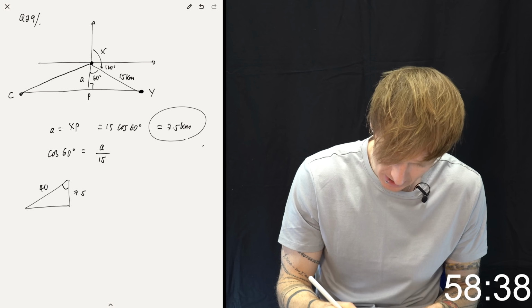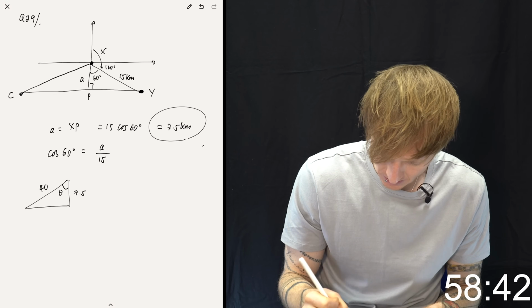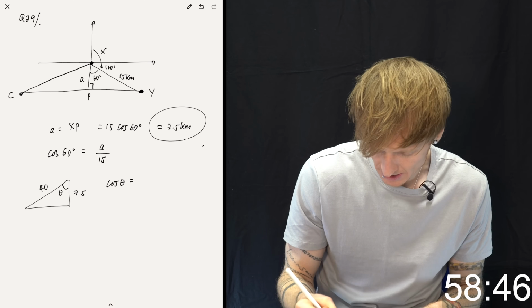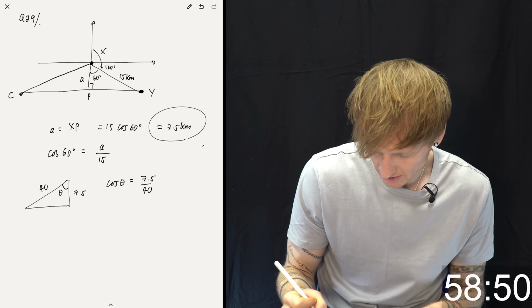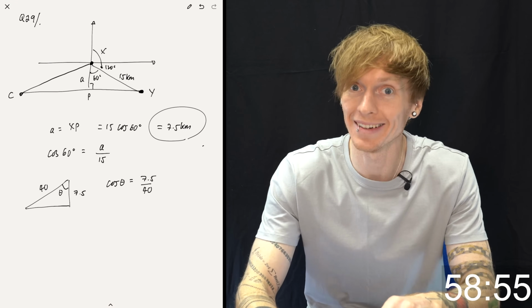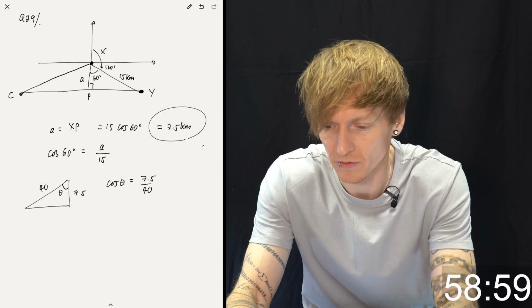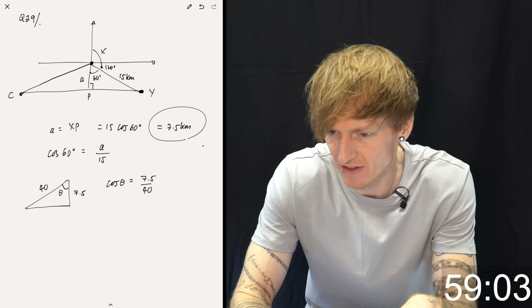Is this what I need? Yes, that's theta. So I've got adjacent and hypotenuse. So cos of theta is the adjacent, 7.5 over 40. So I need to do cos inverse of 7.5 over 40. I can't do that one in my head. 7.5 out of 40 gives me a number, and then I want to do cos inverse of that answer.